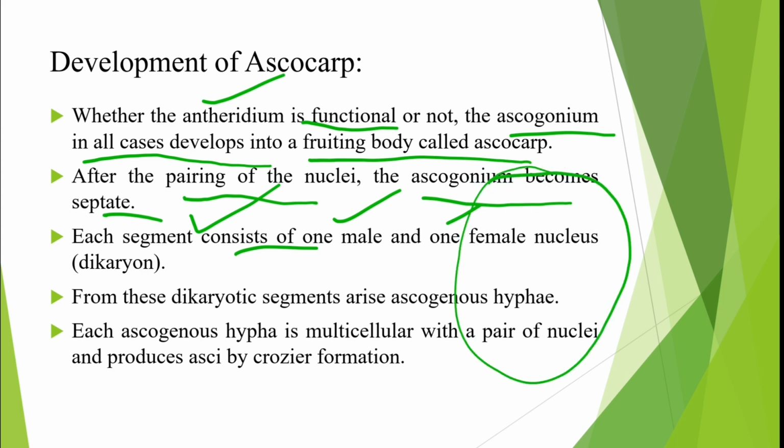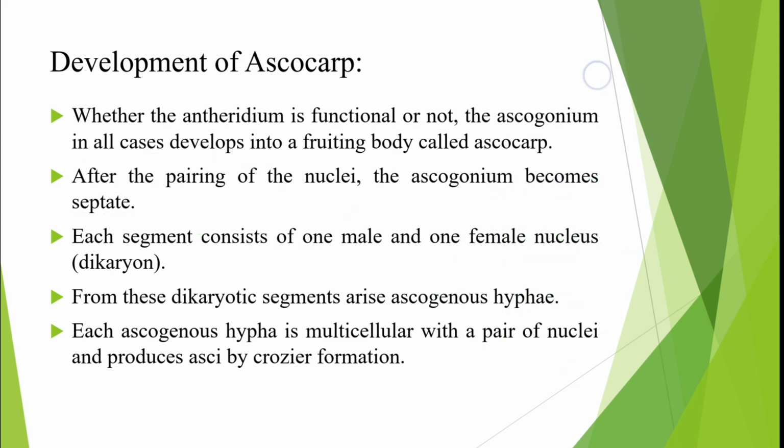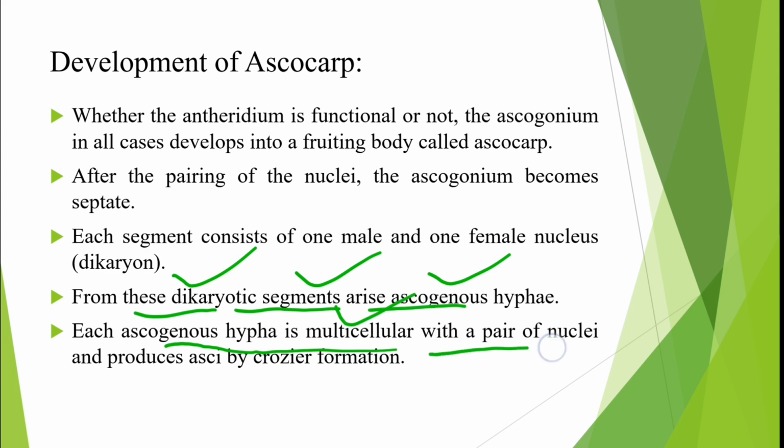Suppose it is the whole ascogonium; it gets septate, and each part contains a male and female nucleus like this. So this is generally the dikaryophase containing male and female nuclei. From this dikaryotic segment arise ascogenous hyphae. Each ascogenous hypha is multicellular with pairs of nuclei and produces asci by crozier formation.